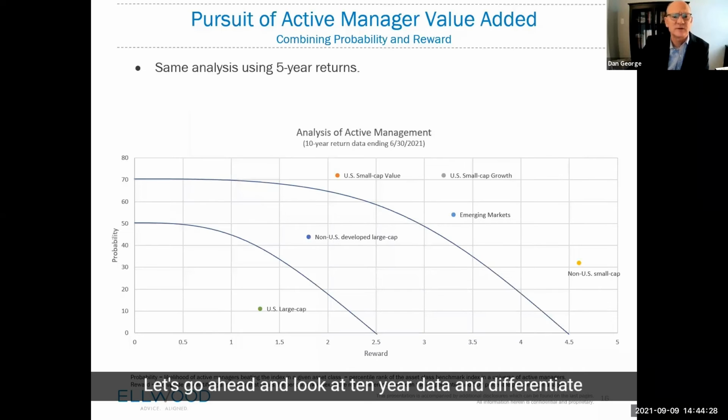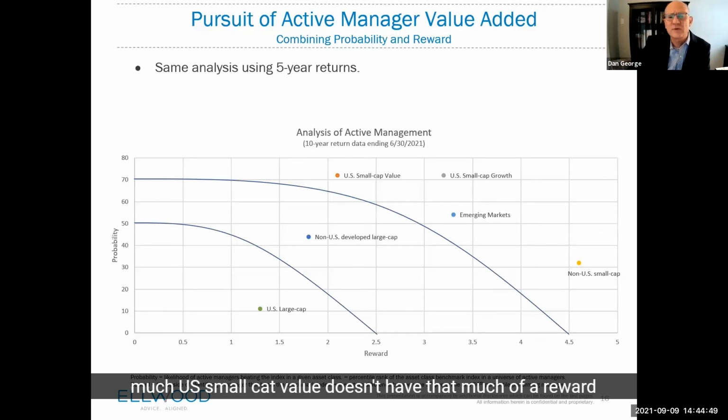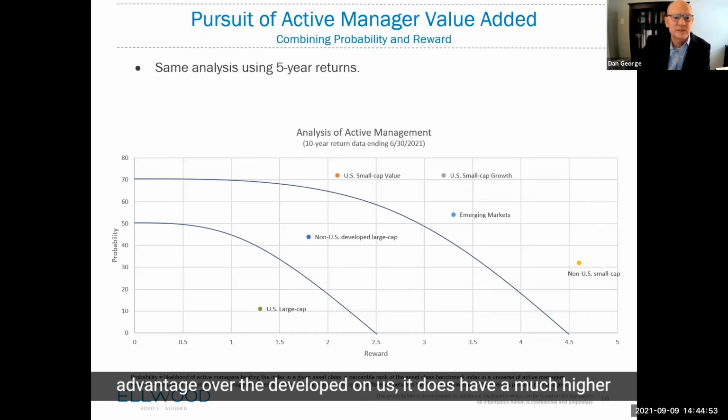Let's go ahead and look at 10-year data and differentiate these different asset classes from each other using the 10-year data. Again, US large cap is not very compelling, with a very low likelihood of success and not much of a reward. And here we see that while US small cap value doesn't have that much of a reward advantage over the developed non-US, it does have a much higher probability of success.